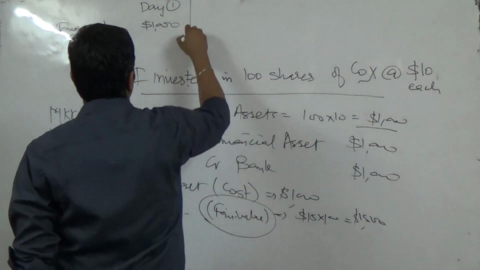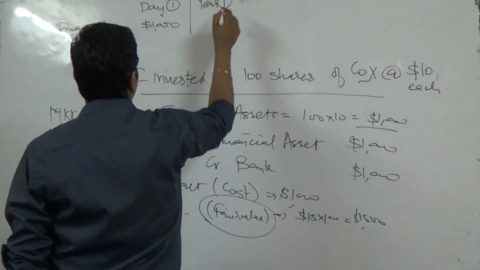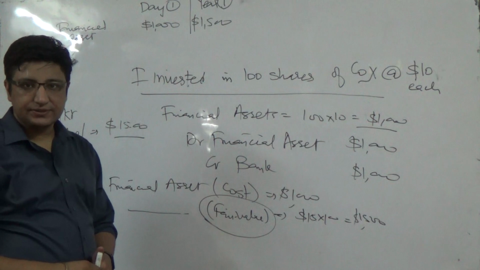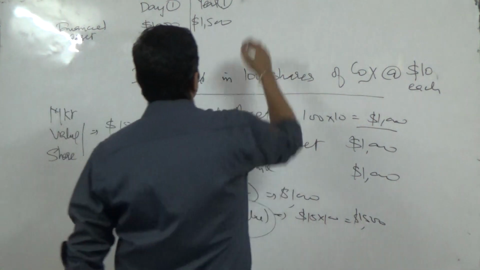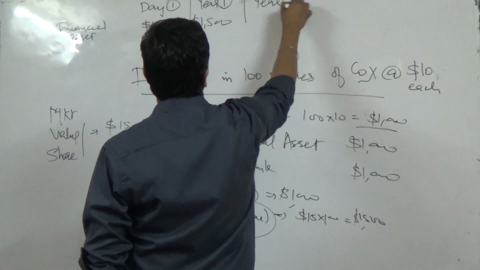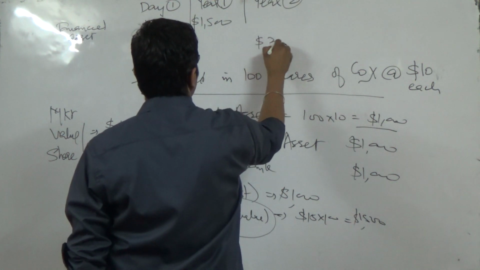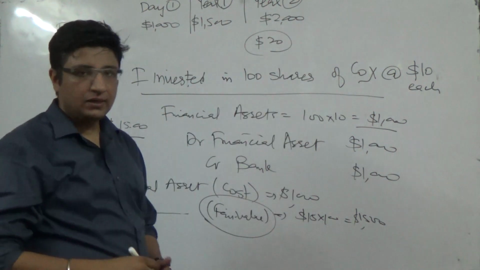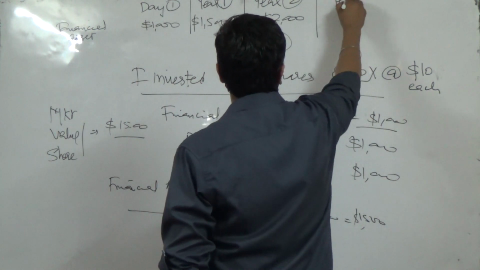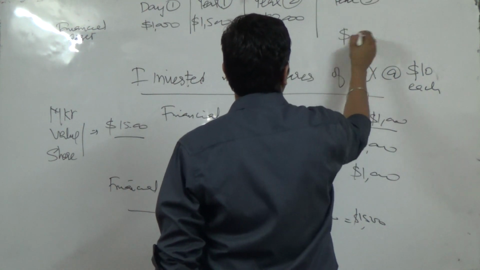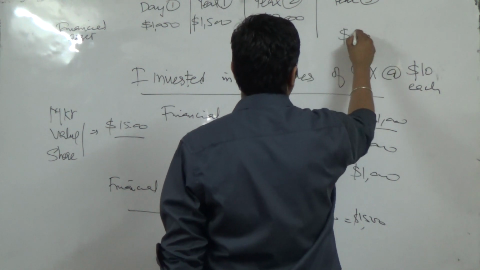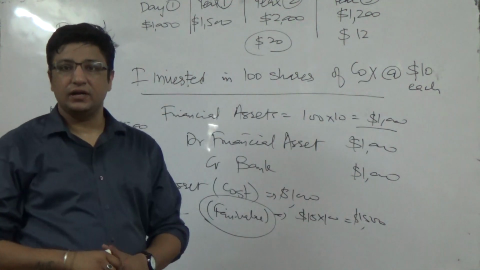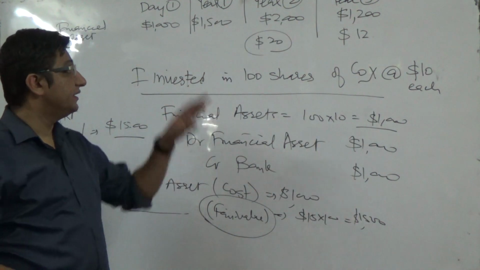Under the fair value method, at year one end, I would show it at $1,500. Let us say in year 2, my per share value has gone to 20, which means my investment is going to 2,000. But then at the end of year 3, the share value has declined to, let's say, 12, which means that now my investment is $1,200.